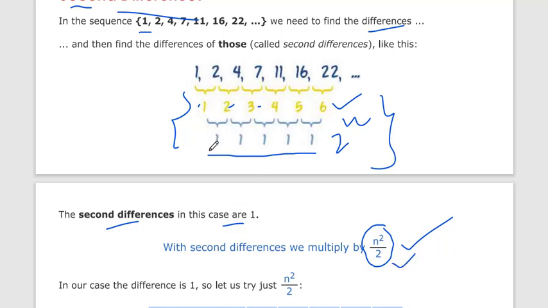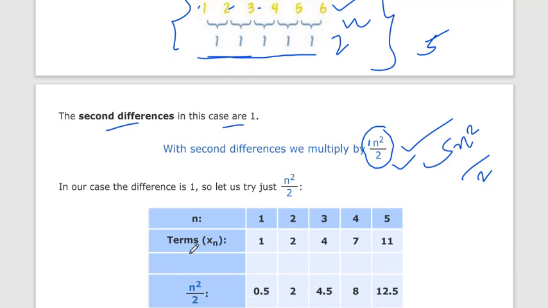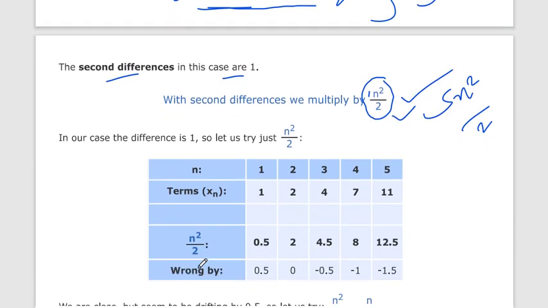Here the difference is 1, so it will be 1 into n square by 2. If the difference is 5, you have to start with 5n square by 2. Okay, trial and error.